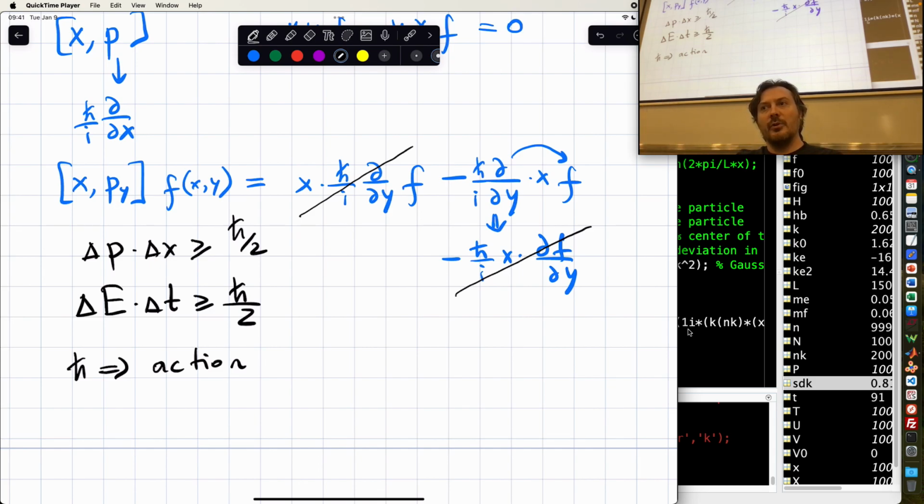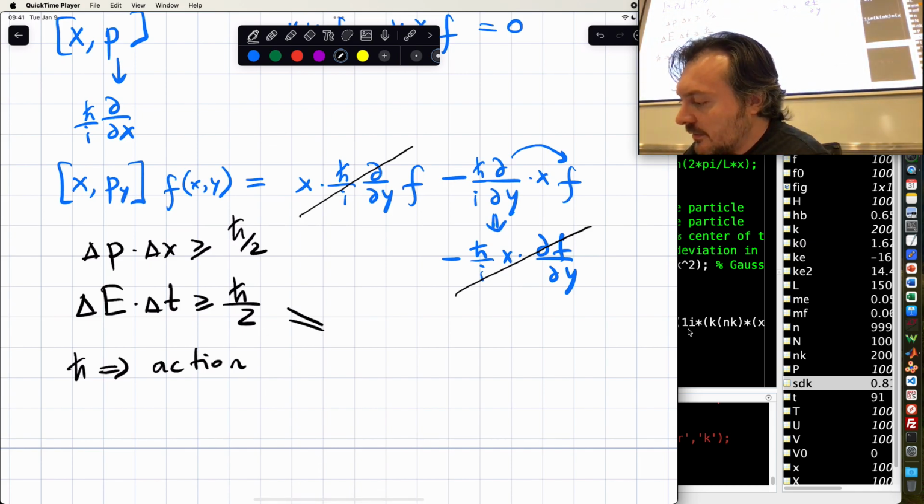And it was all tied to the principle of least action. It's sort of telling me that action is discretized, you know? Something to think about.